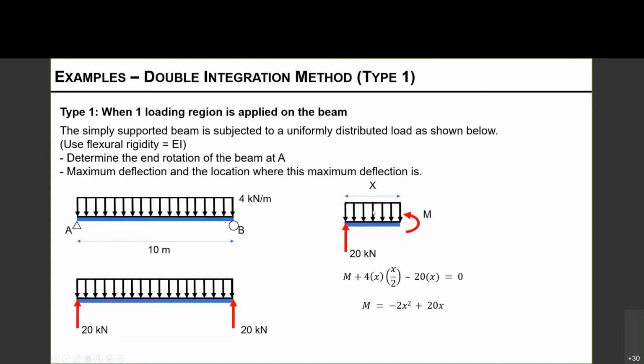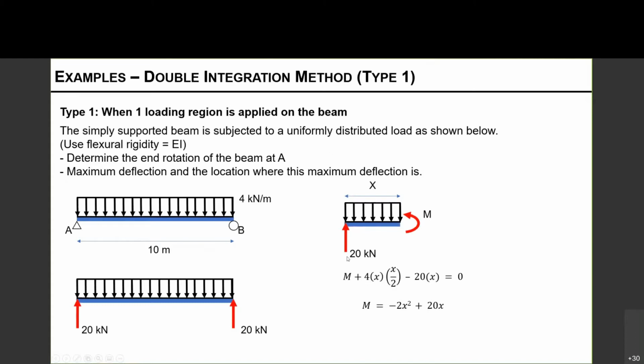That is exerted in the middle of this span, which is X over 2 from the point that we take the moment. Therefore, the moment is 4X times X over 2. That is a positive or counterclockwise moment.